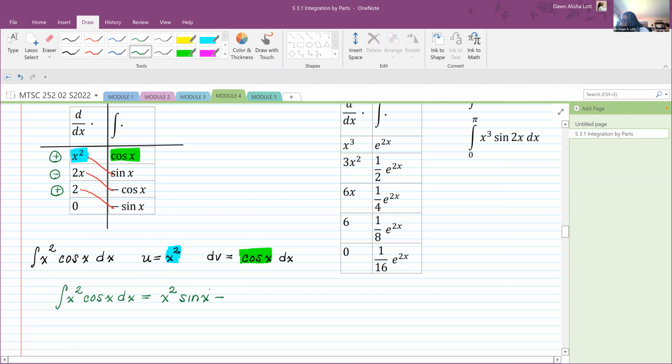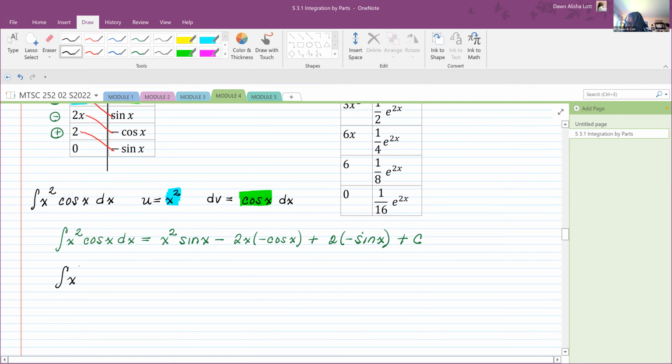It's going to be negative 2x times negative cosine x. Then it's going to be positive 2 times negative sine x. And now I'm done. So I'm going to add c. And now I get a final answer.